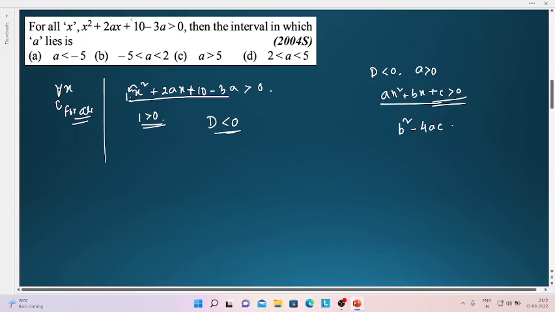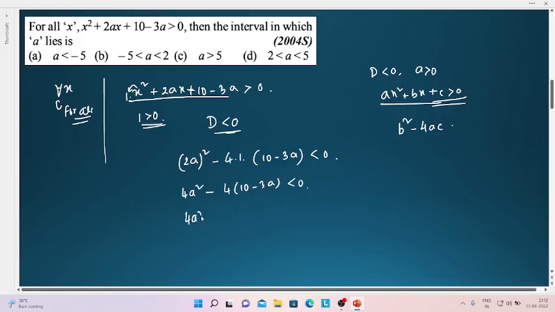Similarly, for the quadratic equation x square plus 2ax plus 10 minus 3a, the discriminant will be (2a) whole square minus 4 times 1 times (10 minus 3a), which is less than 0. If we calculate that, it becomes 4a square minus 4 times (10 minus 3a), which is less than 0.